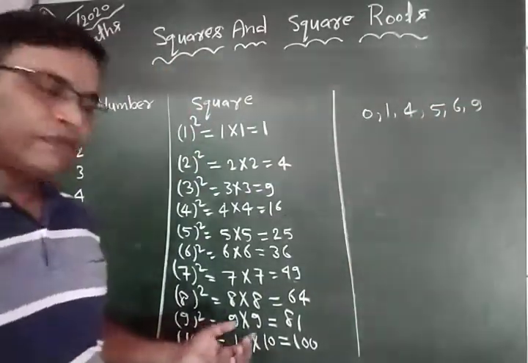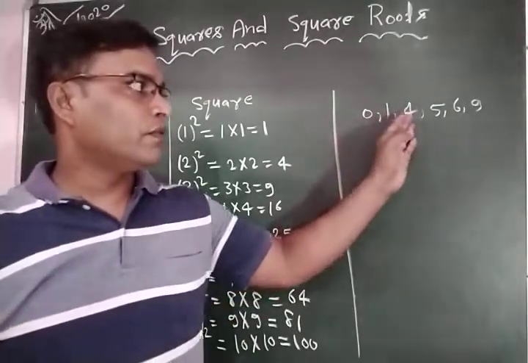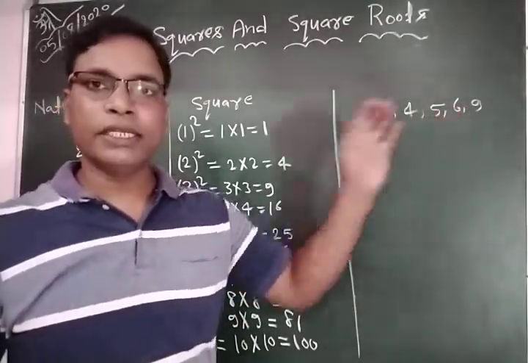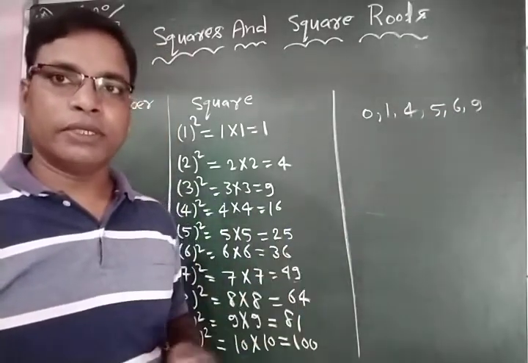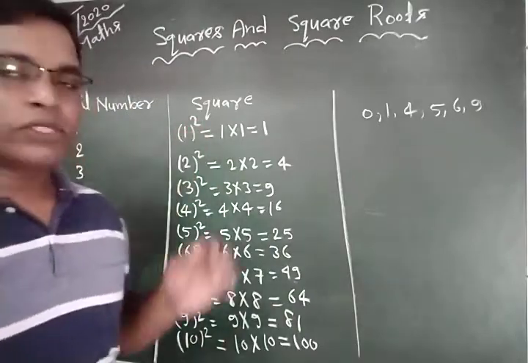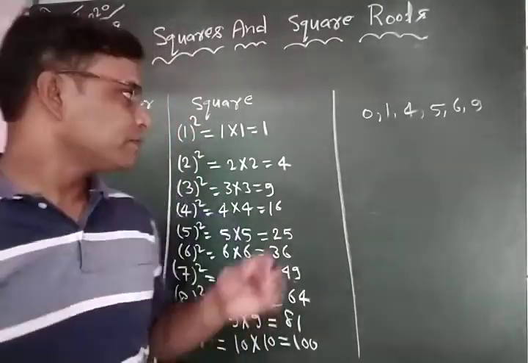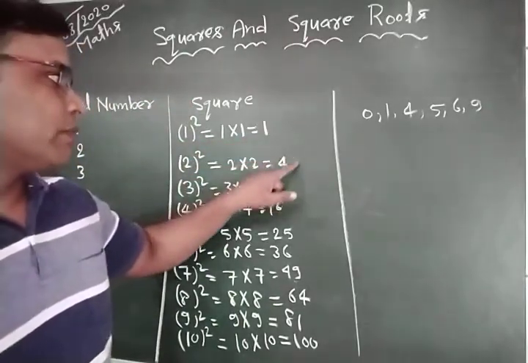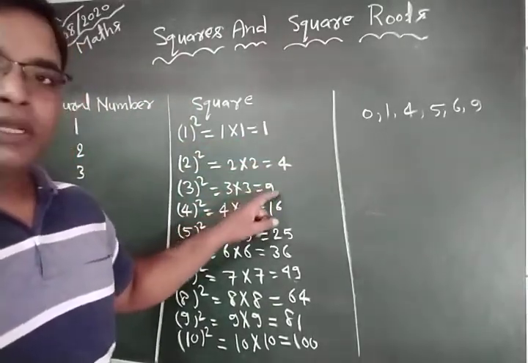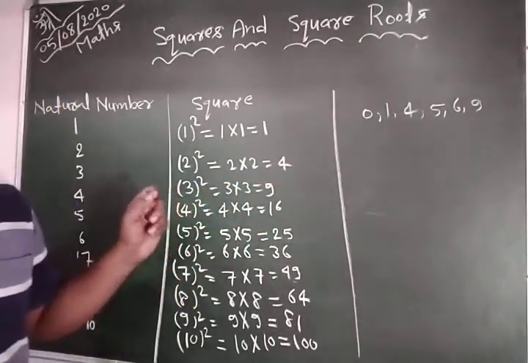If a number has unit place digit 0, 1, 4, 5, 6 or 9, then the number may be a square number. The square number is also called a perfect square.